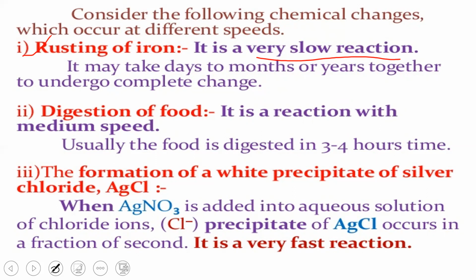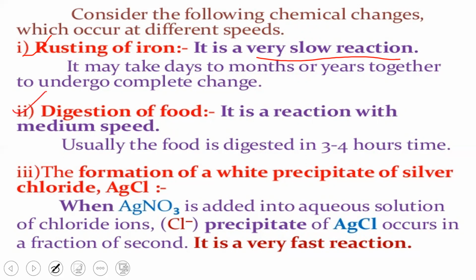If you keep any iron in the atmosphere, after some years it will rust. So the rusting of iron will take months or years to convert completely, a very long time. That is why these types of reactions are called slow reactions.